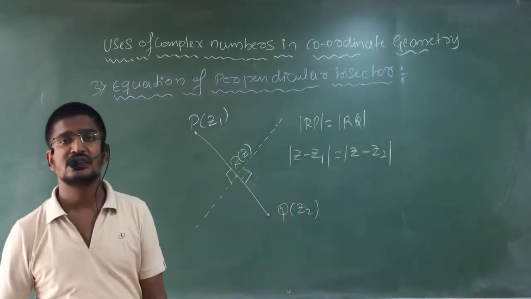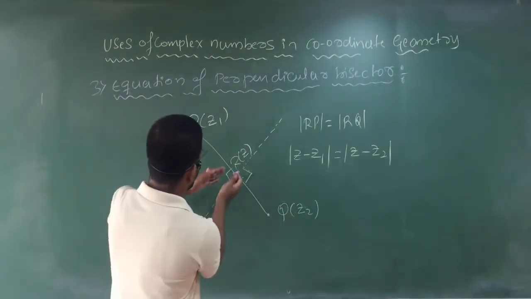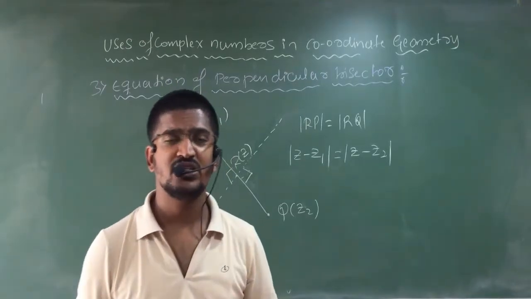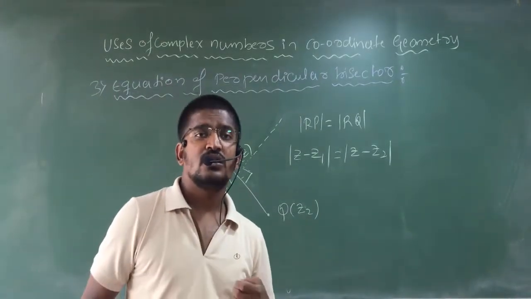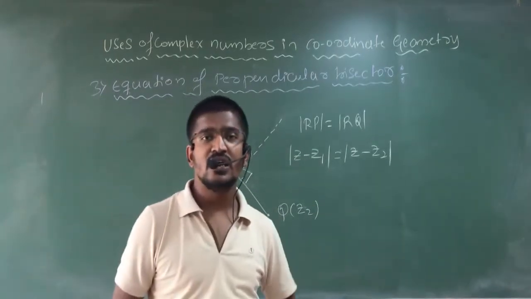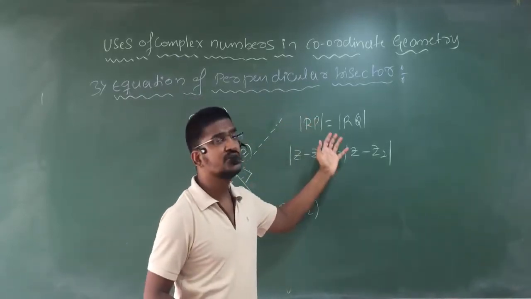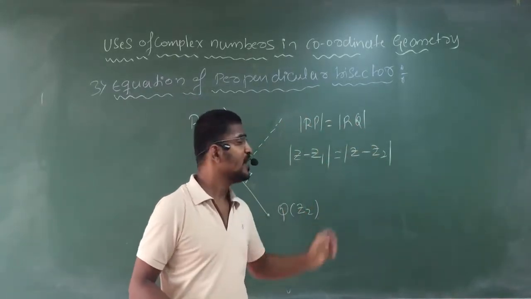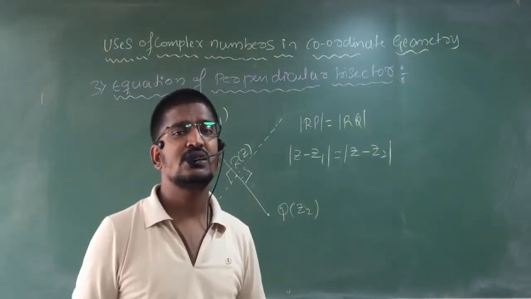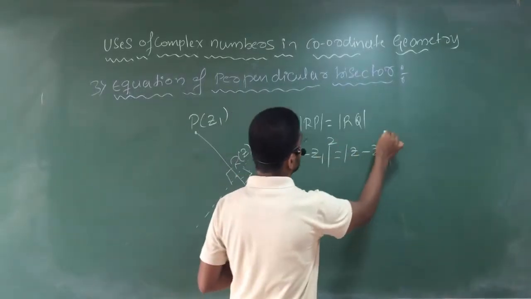The length of RP is equal to the length of RQ, which is what the definition of the perpendicular bisector tells. Now, to solve the equation, I will square both sides.